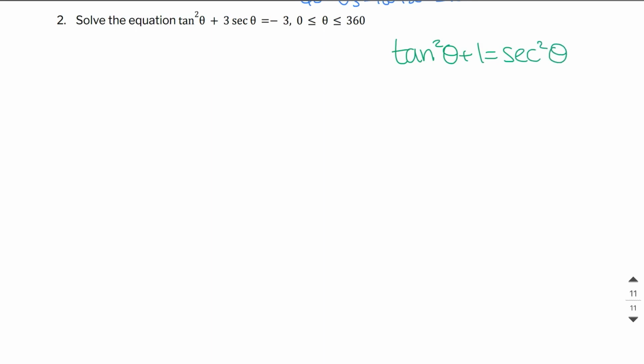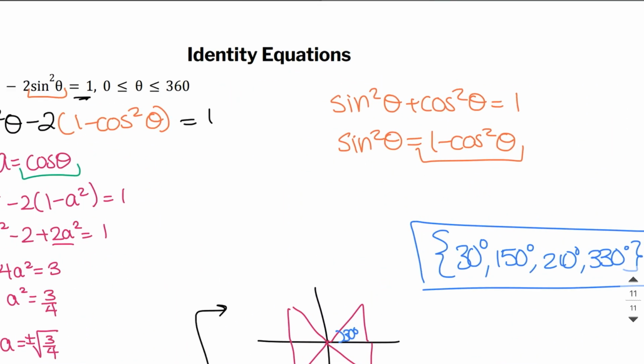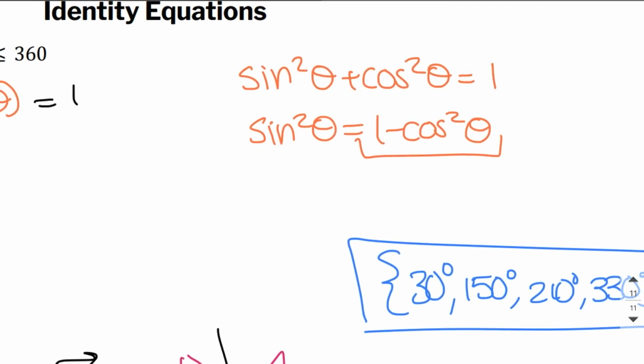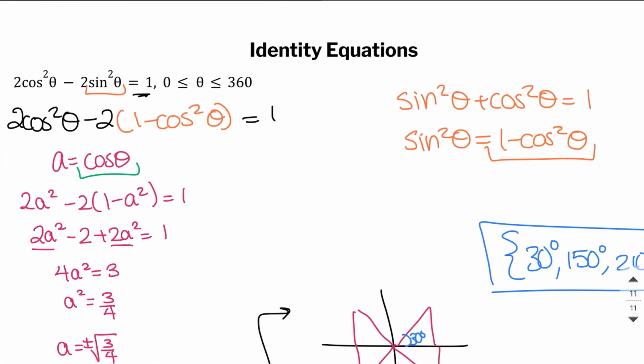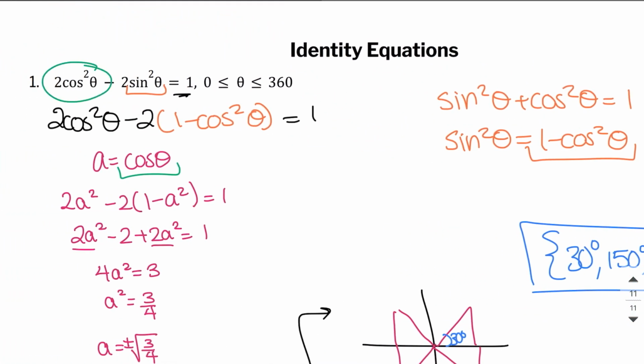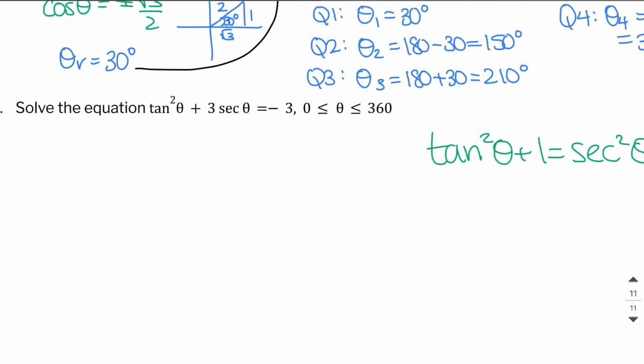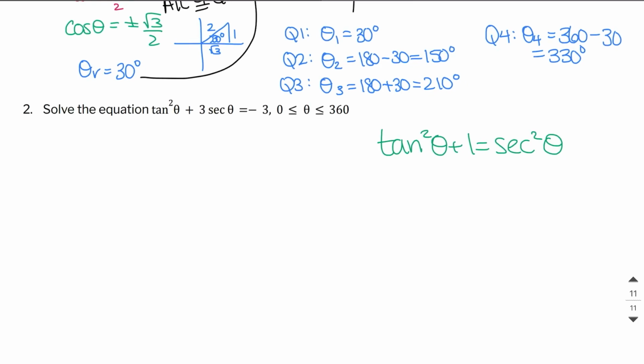Now, in our last example, right up here, I said you could isolate sine squared or cosine squared, it doesn't matter. And the reason why it didn't matter is because both of these were sine or cosine squared. However, in this equation, we can only isolate one thing, and that is the tan squared, because that is tan squared right here.